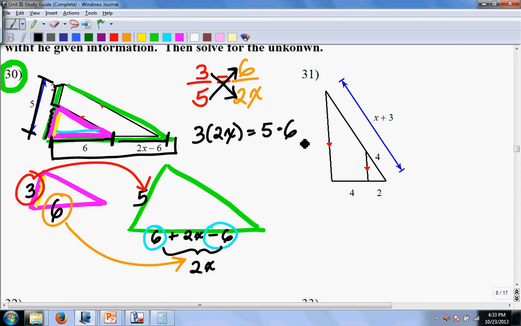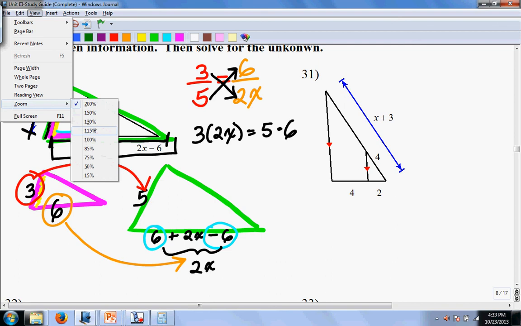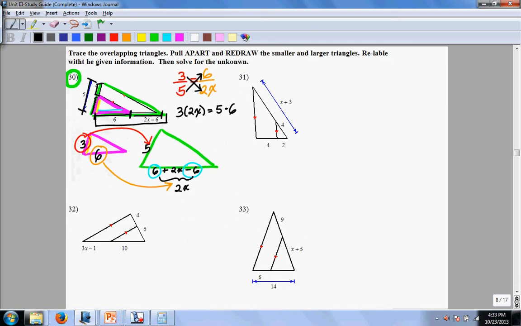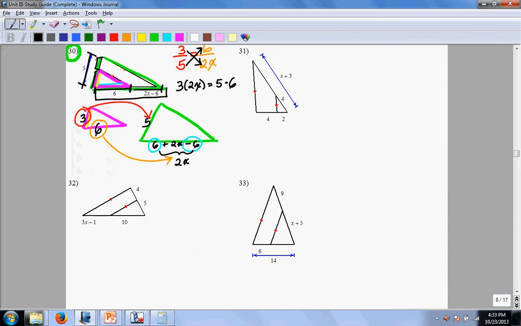I'm going to let you solve for x there. That's basic algebra. I think you can manage that on your own. So for all of these, I'd like you to trace, pull them apart, and be extremely careful as you do this to get those numbers correct.